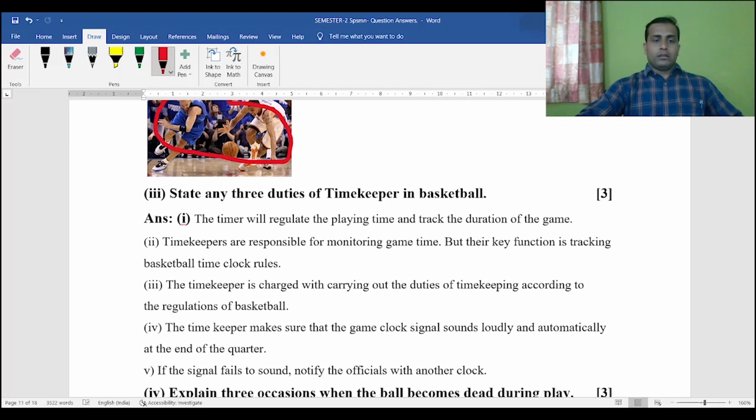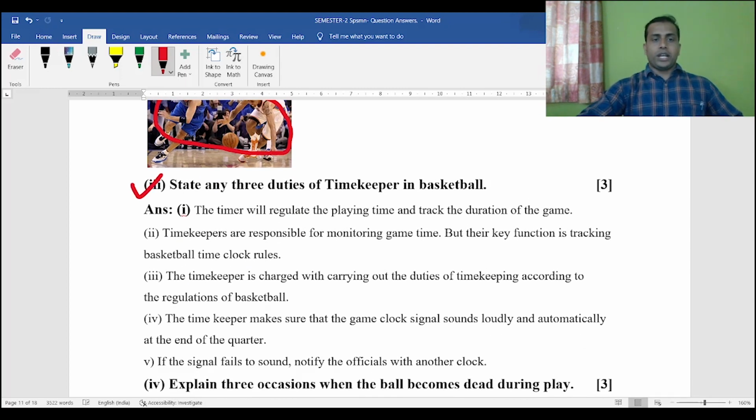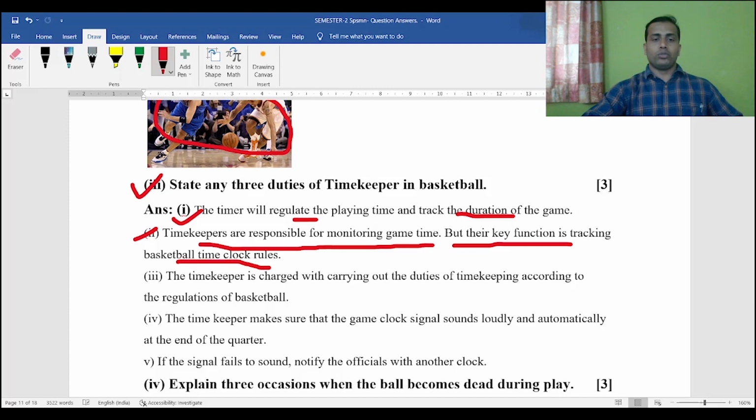Next question. State any three duties of the timekeeper in basketball. The first one, the timer will regulate the playing time and track the duration of the game. Next, the timekeepers are responsible for monitoring the game time, but their key function is tracking basketball time clock rules.